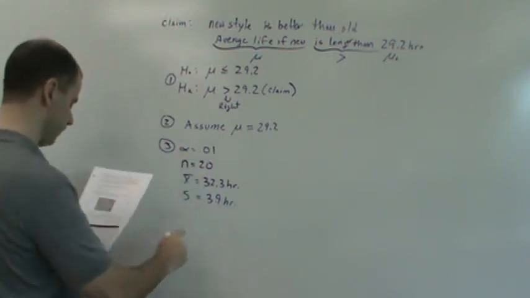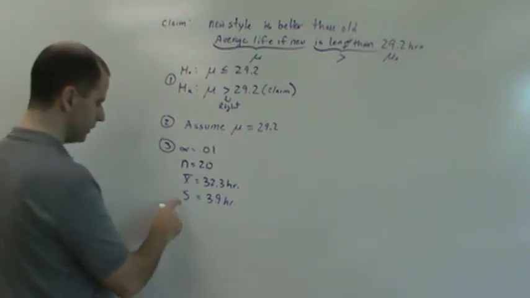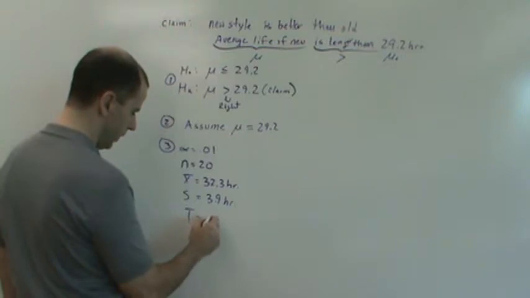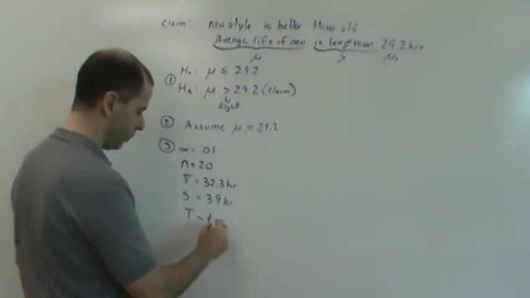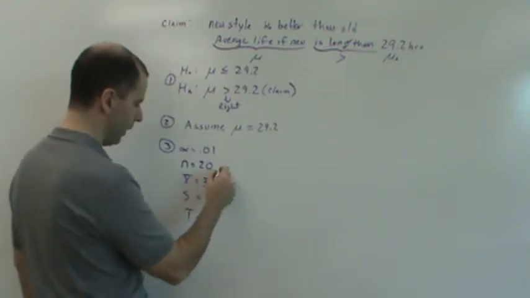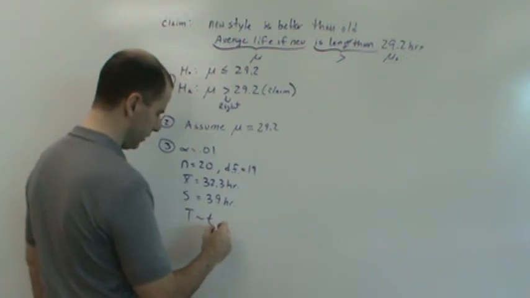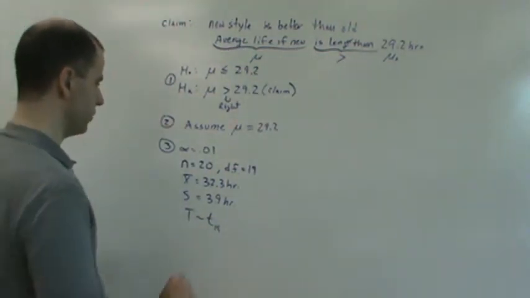So that's S. Since we've got S, we're going to use a t distribution, with degrees of freedom equal to 19. So it's going to be t 19. So we're going to use this distribution.